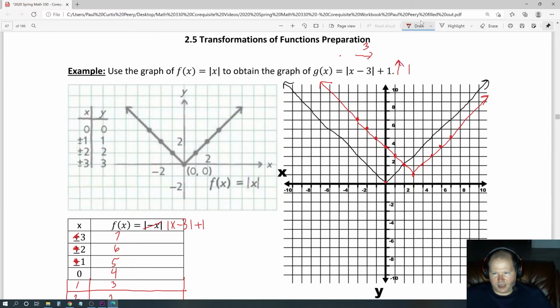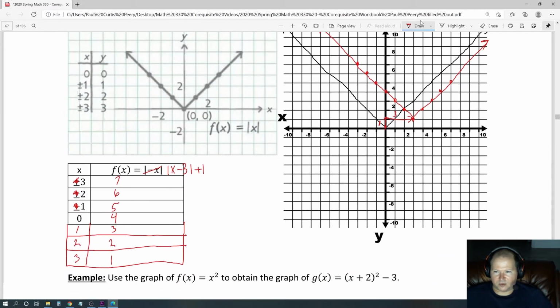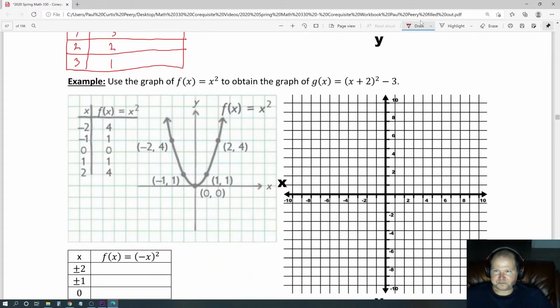Sure enough, it went up 1 and then to the right 3, which is exactly what you would have predicted. So 1 up and to the right 3. That is both the vertical and horizontal transformation of that.